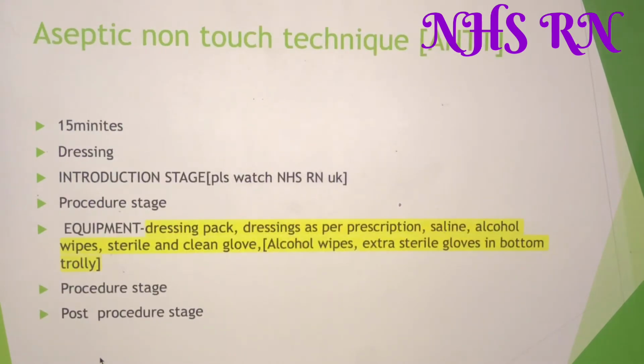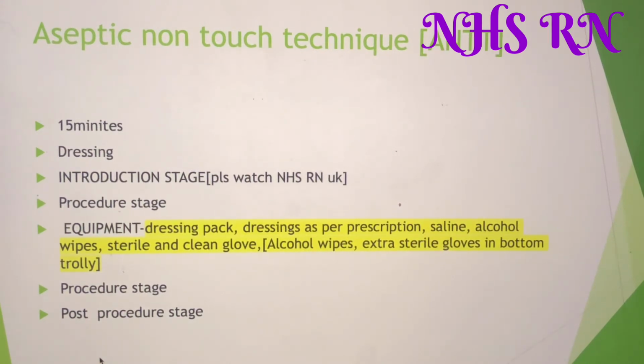First you can see aseptic non-touch technique, ANTT. This is a 15 to 17 minute station, but when you practice, do it in 13 or 14 minutes. Mostly you get a dressing.